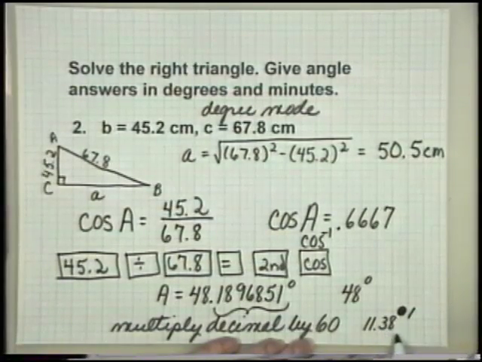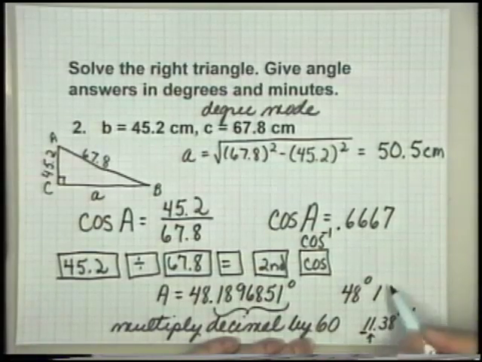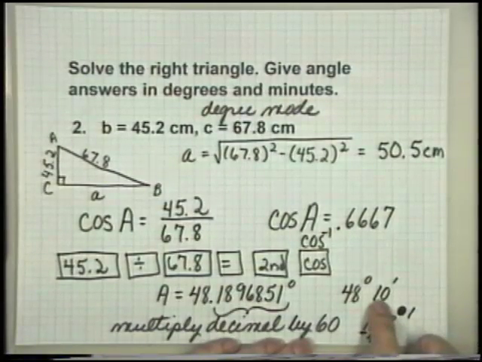So I want the nearest 10 minutes, so I don't really even have to pay any attention to this decimal part. Here's my tens place. If I want to round to the tens place, then I'll look at the ones place, and since that is less than 5, I just keep the 1 in the tens place and write a 0 in the ones place.